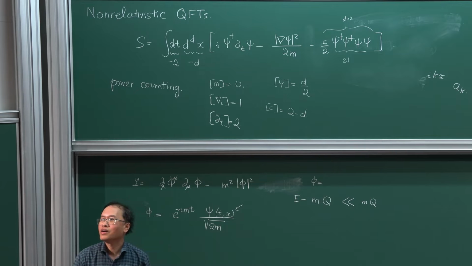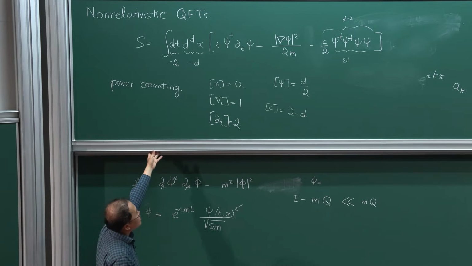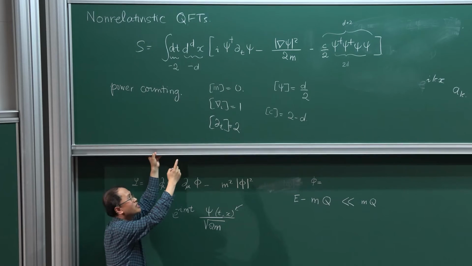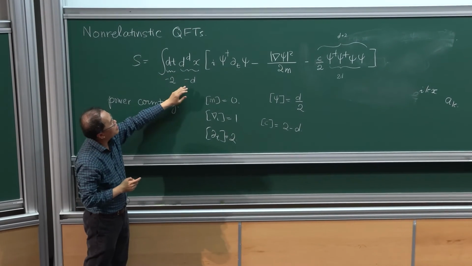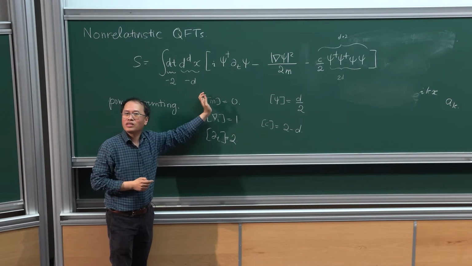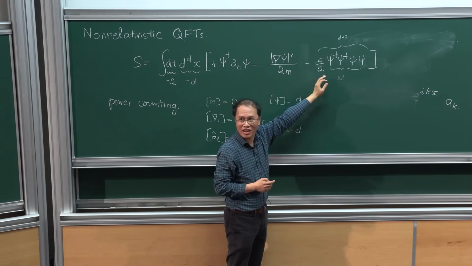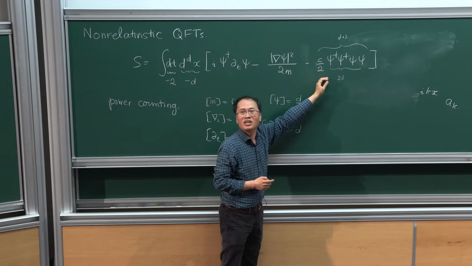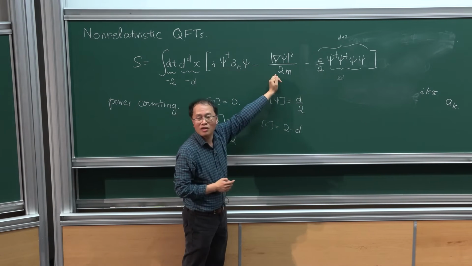Excuse me, why does time have mass dimension 2, once we go from the relativistic theory to a non-relativistic theory? Now I'm going to try to develop a power counting. If I want a power counting that allows me to tell whether this interaction is relevant, irrelevant, or marginal, I have to make sure that this term and this term count in the same way.